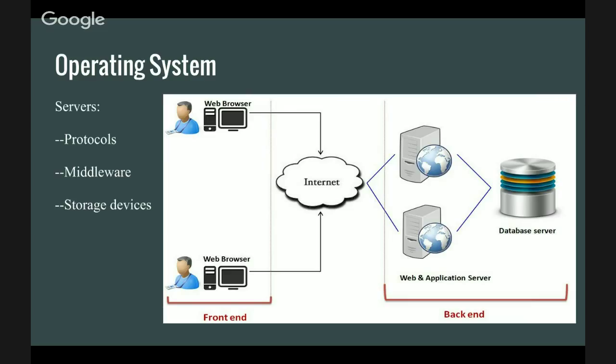The first is the protocols, which is a set of rules. And the middleware, a special software that allows networked computers to communicate with each other. And also the storage devices. Those are monitoring traffic and client demands to ensure everything runs smoothly.